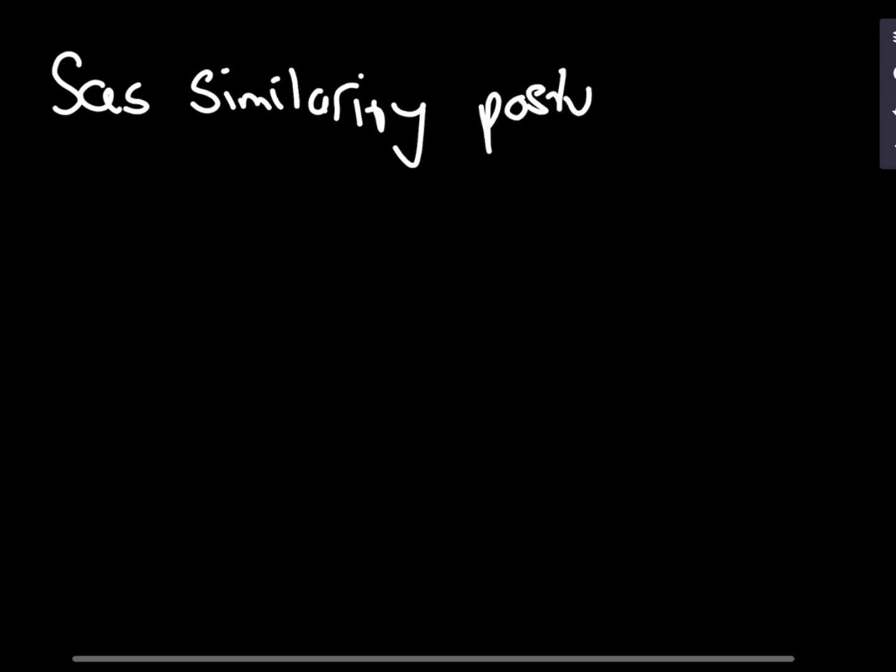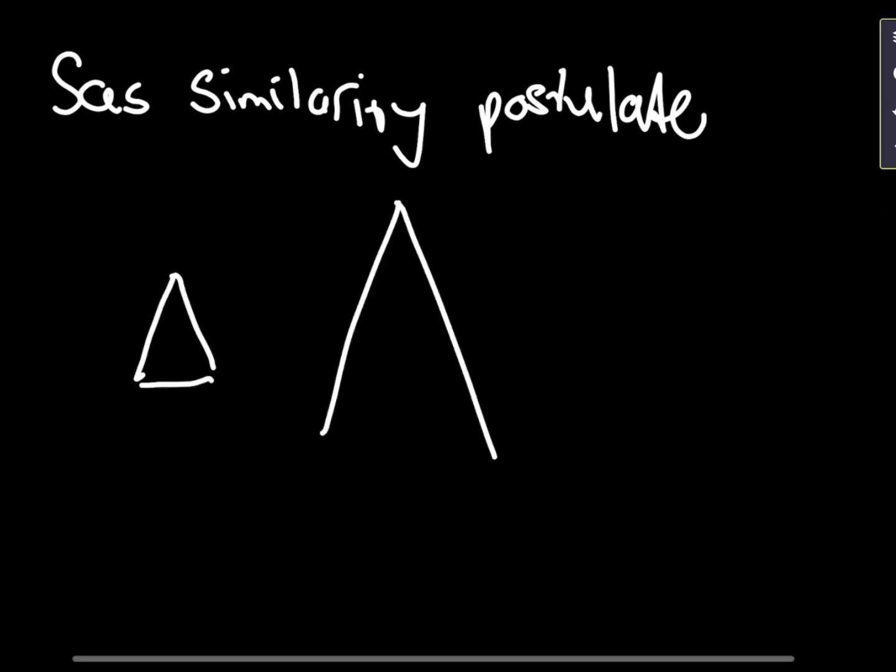Another postulate, this one's called the SAS similarity postulate. Let me show you an example of this. Let's say this is 3, this is 4, or let's say this is 9, this is 12.